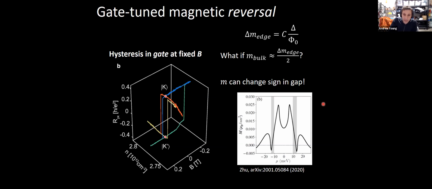There's work where with electric fields you can turn magnetism on and off, or go between a ferromagnet and some sort of layer antiferromagnet, but you can't switch it between plus and minus. As far as I know, this is the first instance of that, and I think for good reason, which is that you actually have to change the sign of the magnetization, and that's not that easy to do. I don't know of any other analogs of that. I would love to hear about it. If so, we missed it, but we searched relatively carefully and did not find anything like that.